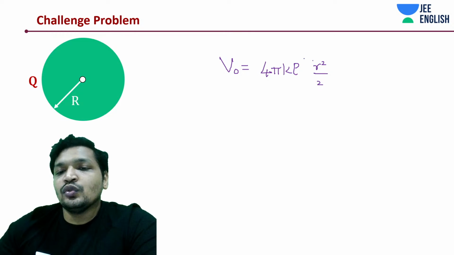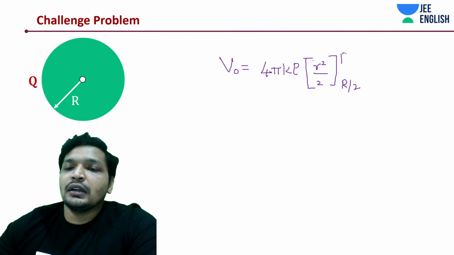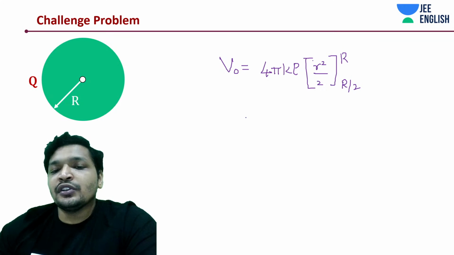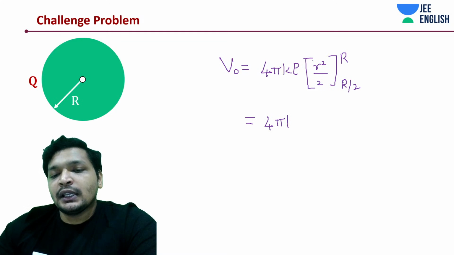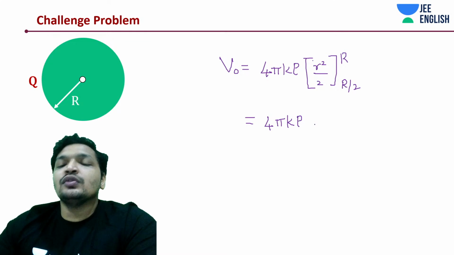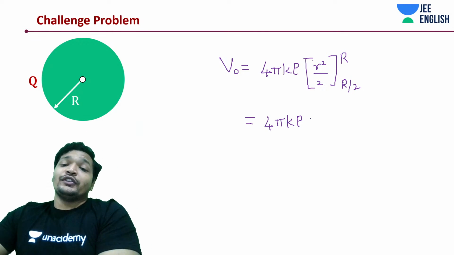square by 2, which needs to go from how much to how much? R by 2. Is this all correct? Yeah. So 4 pi k into rho into r square minus r by 2 whole square.